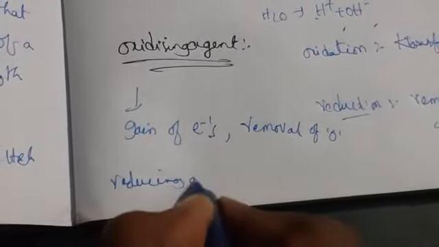And the reducing agent is nothing but loss of electrons. So the reverse of this reduction we call the reducing agent. Gain of electrons we call the oxidizing agent. So this is what we are saying is the oxidizing agent.